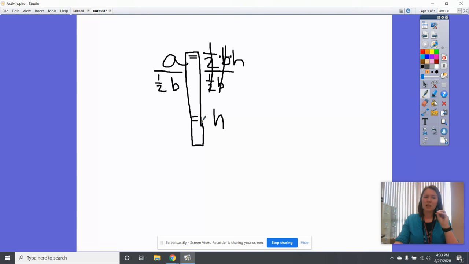But here it gets a little bit tricky, because right now we have a over 1/2 b. But dividing by a fraction is the same as multiplying by its reciprocal. So we can simplify this to make it a little bit easier by saying, hey, dividing by 1/2, that's the same thing as multiplying by 2.